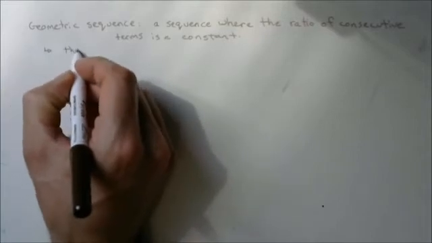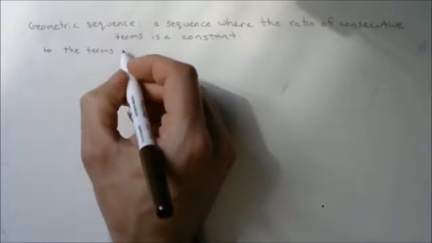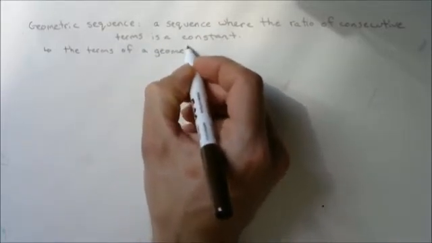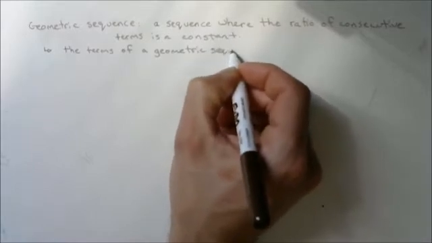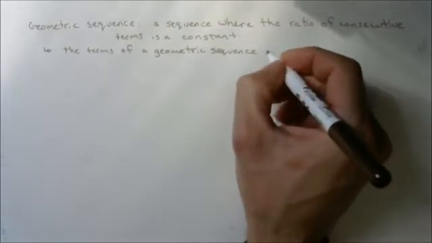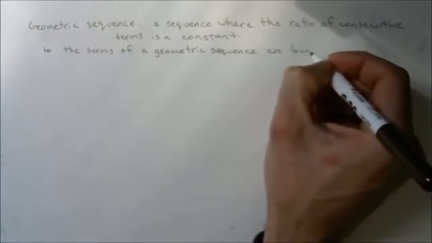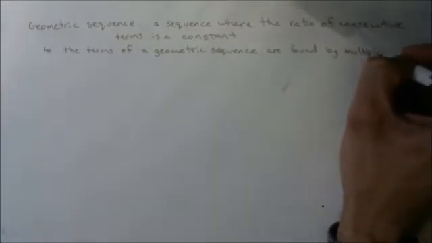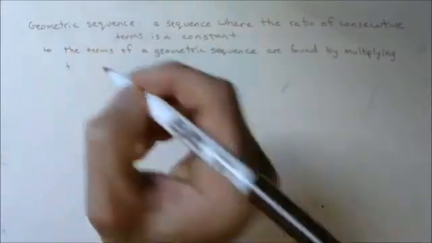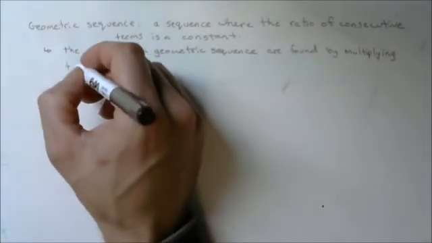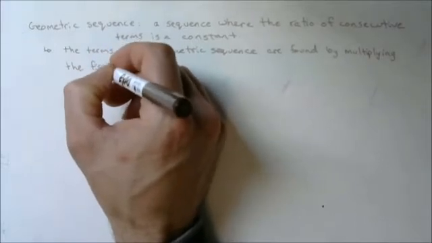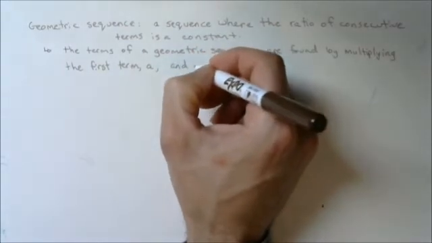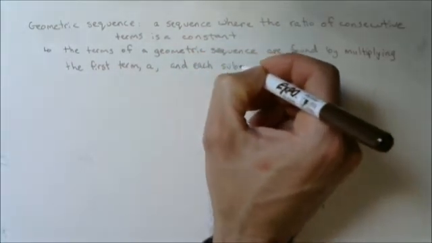Subnote. The terms of a geometric sequence are found by multiplying the first term, which is A, and each subsequent term by a common ratio.